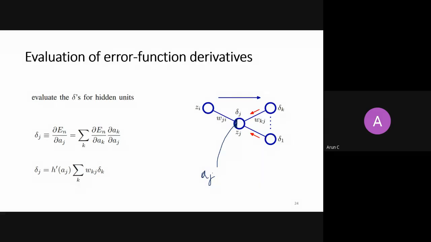So aj may have contributed through more than one path to the error, because if I'm calculating error at this layer, aj might have traveled in forward propagation through this path also, and through this path also, and finally in the softmax function they might have calculated an error. So aj might have traversed in the forward path through multiple paths.